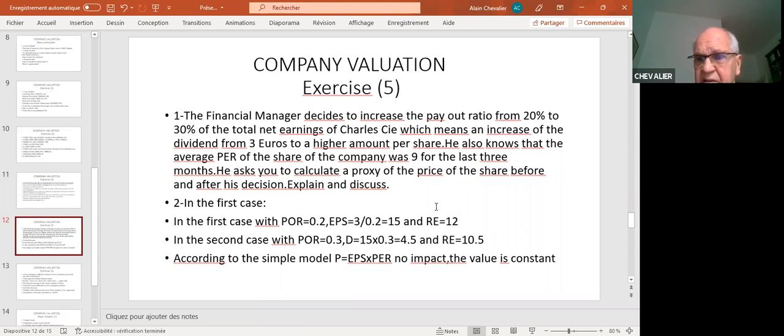On the other hand, when you take into account the dividend, and you think that the value for the shareholder is the dividend paid during the whole life of the company, an increase in the dividends seems to be very positive.